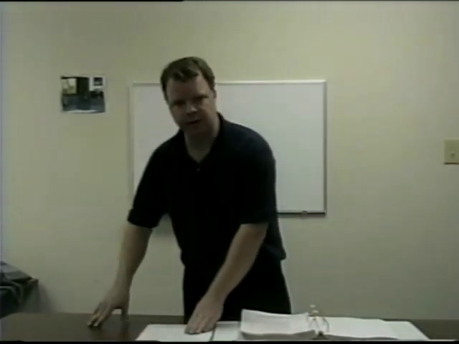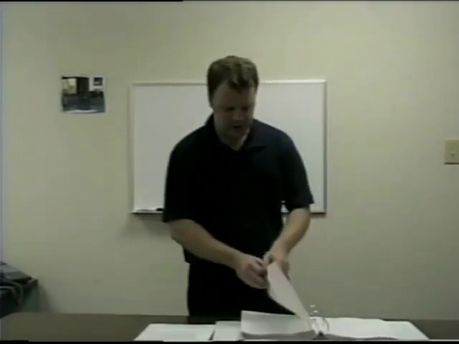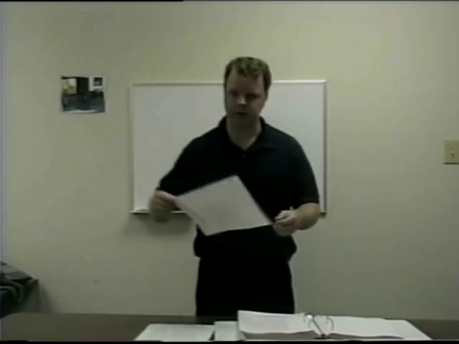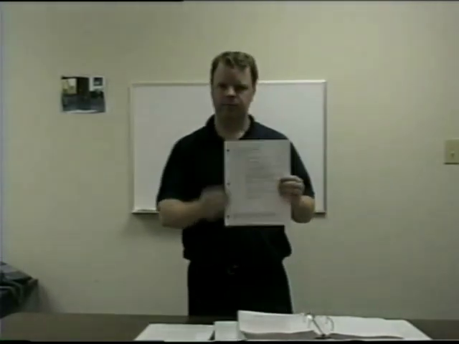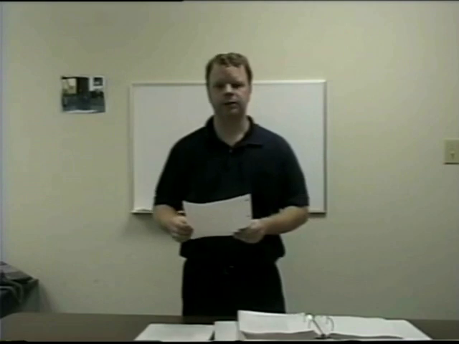What I suggest is you get an empty 3-ring binder. And this is the master. When you do one of these inspections, you open this up, you take it out, use your copy machine or a fax machine. If you don't have a regular copy machine, use the fax machine as a copy machine, make a copy of this. Punch the 3 holes in it, put it on a clipboard if you may, go out to the job inspection.